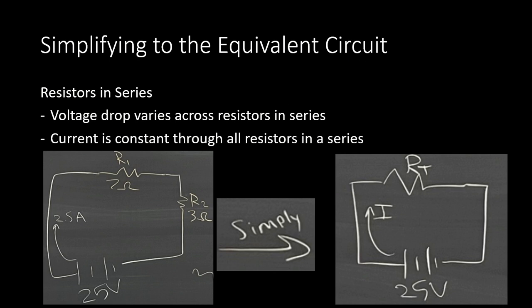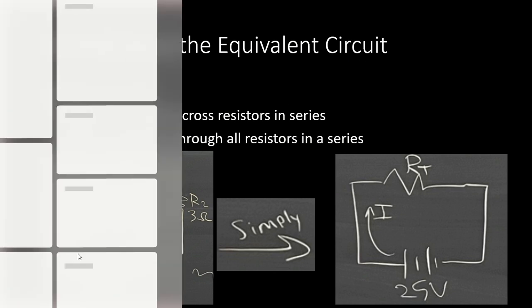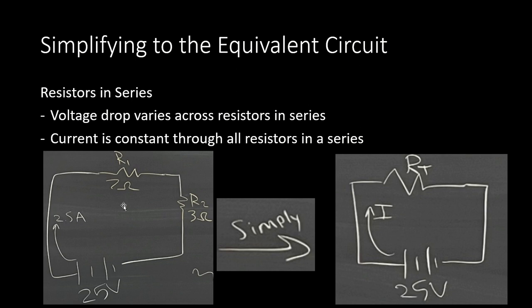Let's say we have one 25-volt power supply circuit that has two resistors: resistor 1 that has 7 ohms of resistance, and resistor 2 that has 3 ohms of resistance. We will have to simplify them to some equivalent total resistor in order to determine the current flowing through the system, which we'll eventually figure out is 2.5 amps.